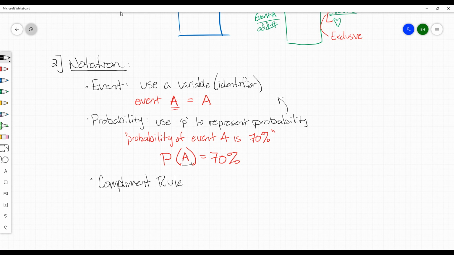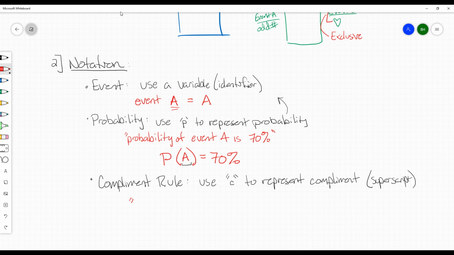And like we said before, this is the rest, right? So we use a C to represent the complement, and we treat this as a superscript. In other words, kind of like where you would put the exponent of a value.